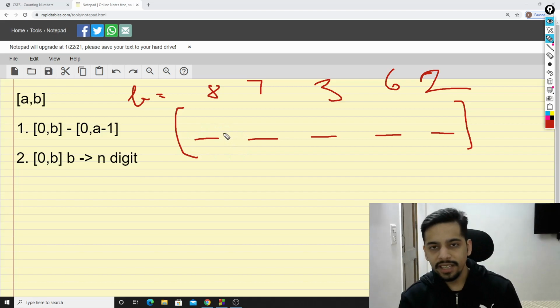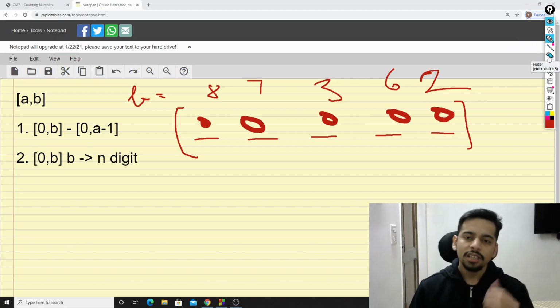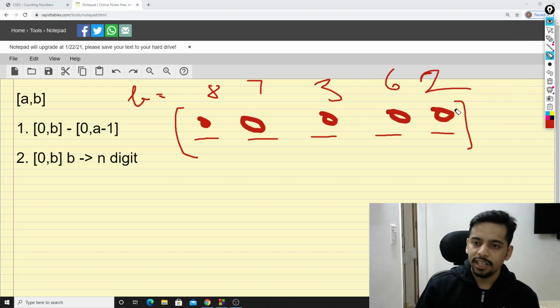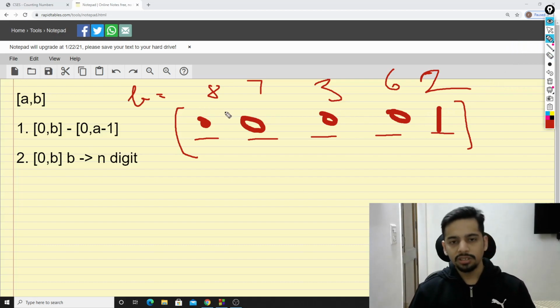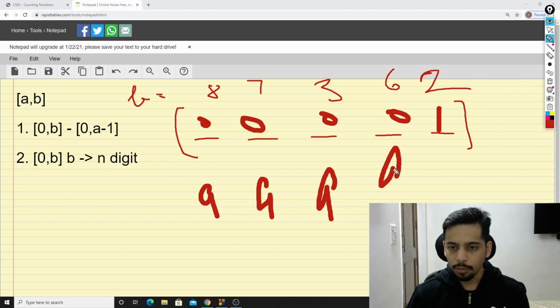Also, we will take 0 as an n digit number by putting some leading zeros. This is 0, but I'll consider this to be an n digit number. Similarly, 1 is an n digit number, 2 is an n digit number, and so on. All the numbers in this range are n digit numbers, right?